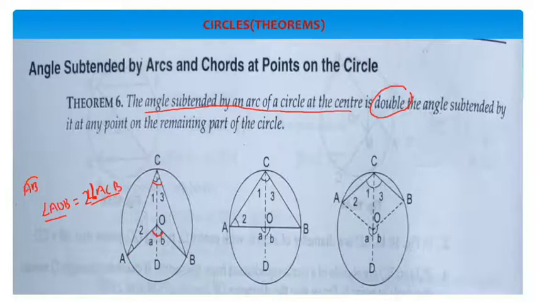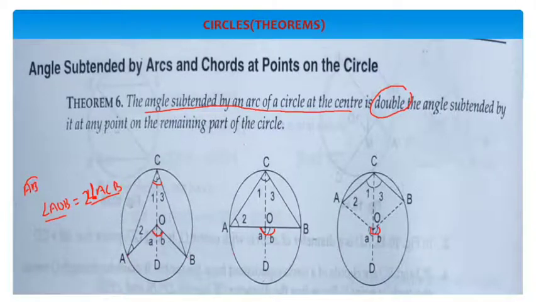Now the same figure can be discussed in 3 cases: here the angle at the center is acute, here the angle at the center is 180 degrees, means a straight line, and here the angle at the center is greater than 180, that means a reflex angle. Here it was a minor arc, so the minor arc was subtending an acute angle at the center.